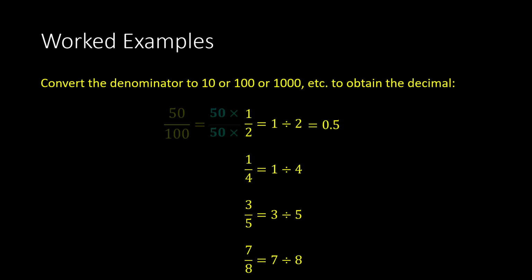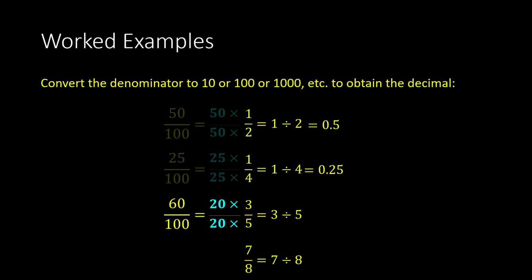For 1 over 4, or 1 divided by 4, we multiply top and bottom by 25 and obtain 25 over 100, and therefore 1 over 4 equals 0.25. For 3 over 5, we multiply top and bottom by 20 and we obtain 60 over 100, and so we have 3 over 5 equals 0.6.